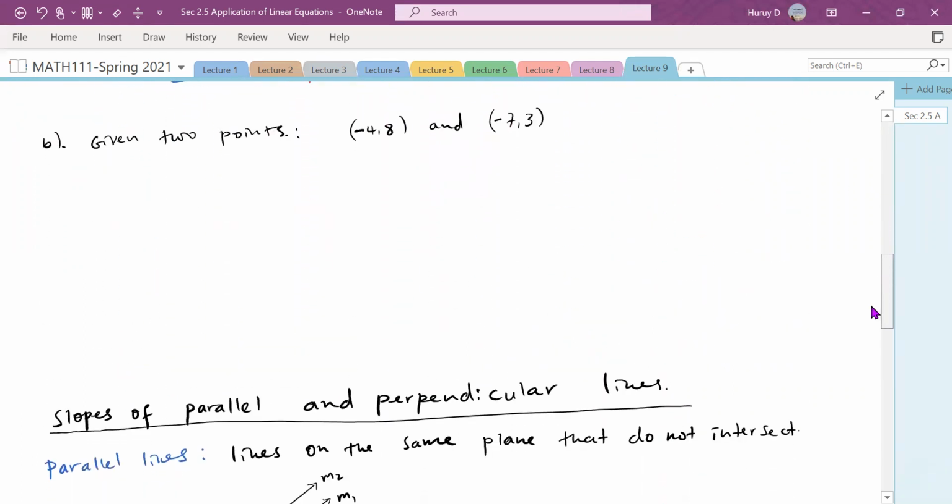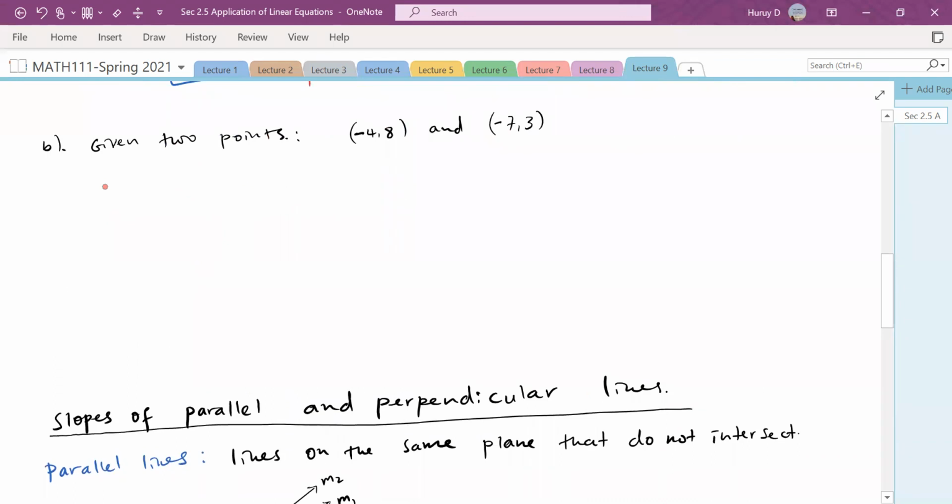So for the point-slope form, we need 1 point and the slope, right? But here we have 2 points, but no slope. So what do we do? Because I need this m in order to write the equation.